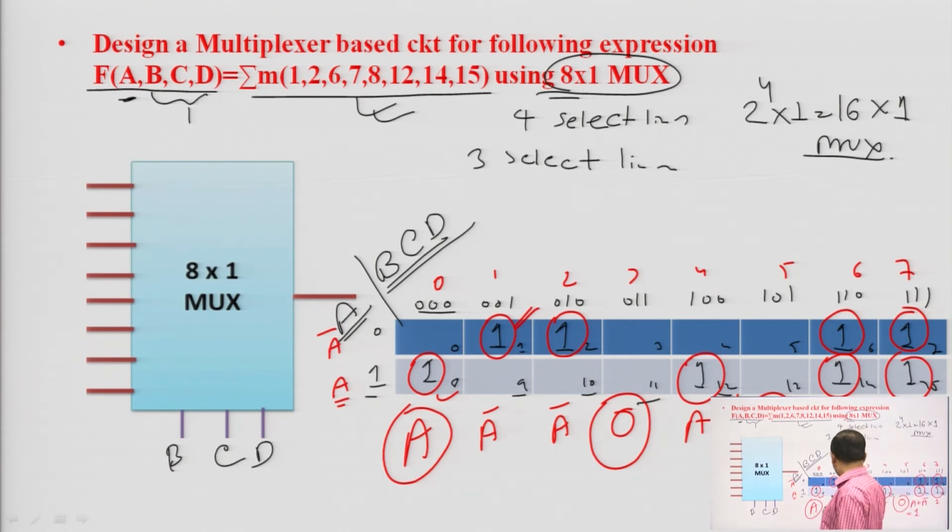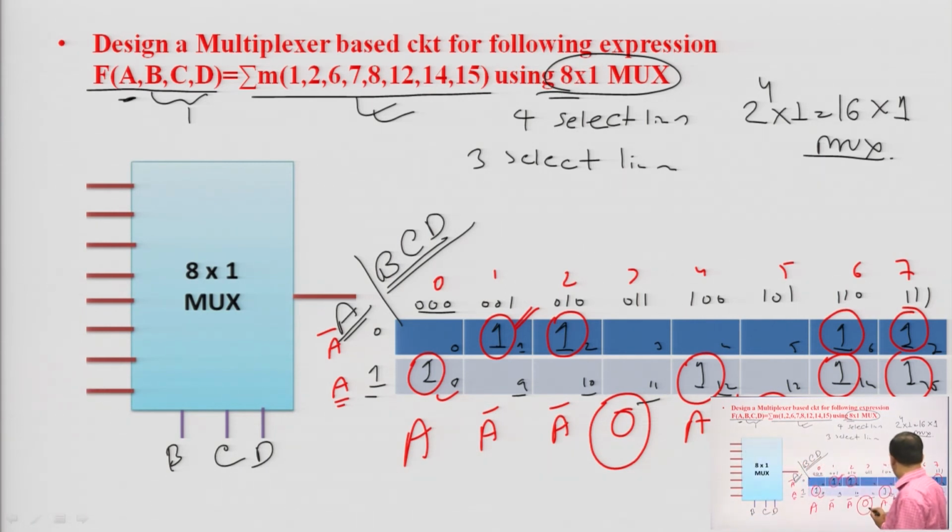Sorry, no, this is for 3 and 5, where for 3 and 5 we are having 0. So, logic 0 we are putting like this, here 0, 1, 2, 3, 4, 5, 6, 7.